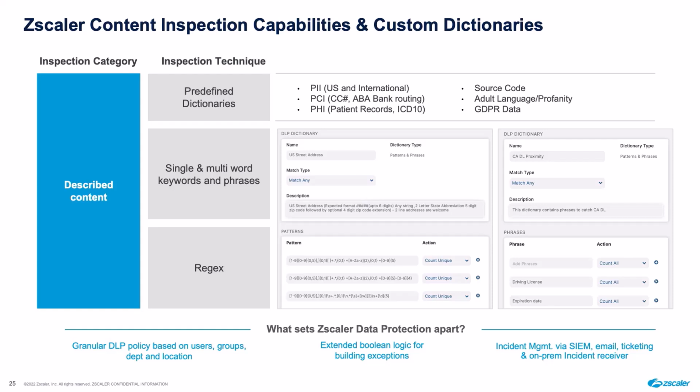An example would be, let's take Zscaler's credit card dictionary, any document that has 50 credit card numbers, I'm interested to know, and combine that with another predefined dictionary called employee's first name, and then combine these two dictionaries with a custom dictionary that says company confidential. So essentially, you have combined predefined dictionaries with a custom dictionary using different Boolean logic. You build that DLP engine, and then you apply that engine to a policy.